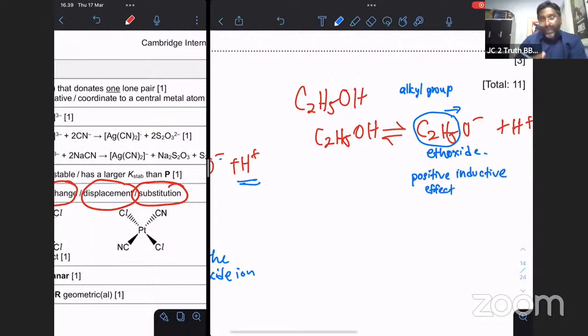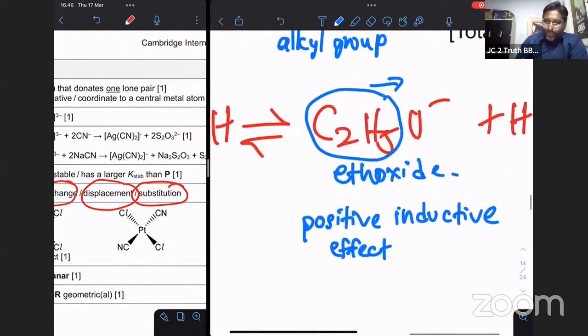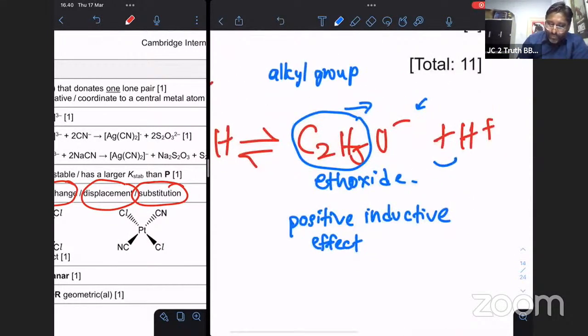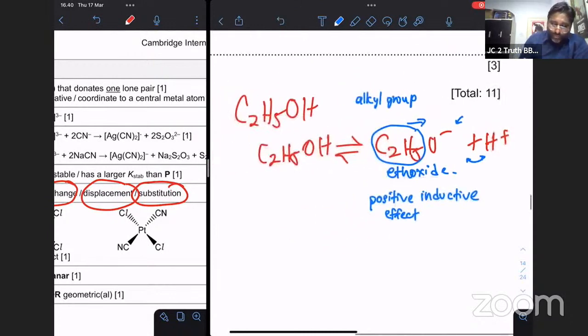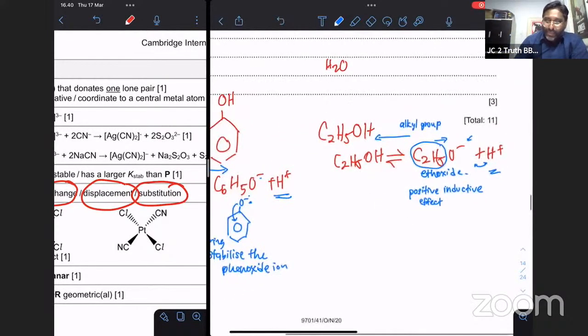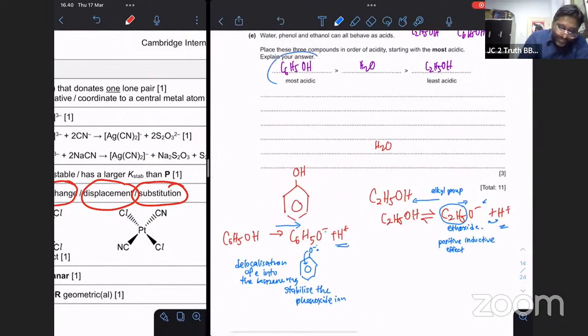It pushes electrons towards the oxygen over here, making the charge become more negative. When it is more negative, negative and positive like to react, so they will react and form C2H5OH. The position of equilibrium is shifted to the left because of the positive inductive effect, so there is less H⁺, making it less acidic. So the most acidic is phenol, the least acidic is ethanol, and the one in the middle is water.